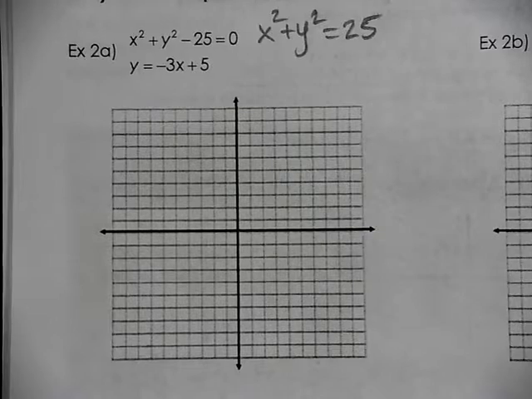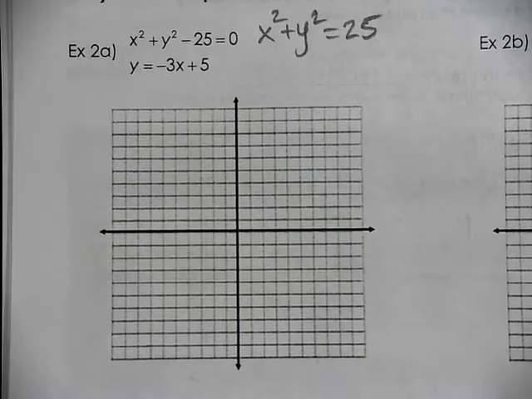Okay, we don't need to complete any squares. We already have an x squared and a y squared. We are all set. We don't have any b values. Nothing tricky in there. And we're not solving, so we're not going to take any square roots. That is the equation of a circle.